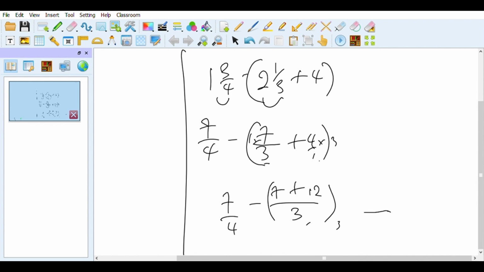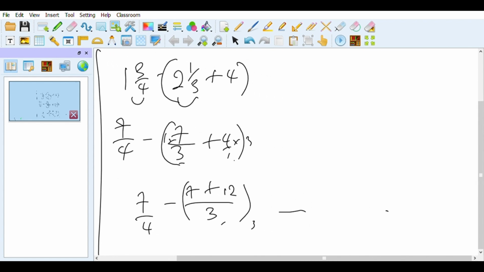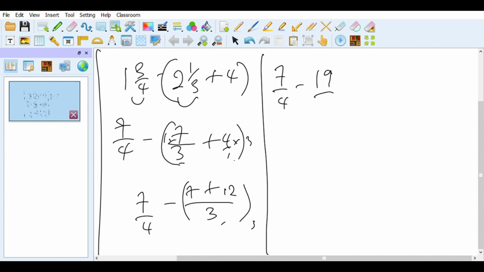So to continue solving this, we have 7 over 4 minus, inside the bracket now, 7 plus 12 gives us 19 all over 3.